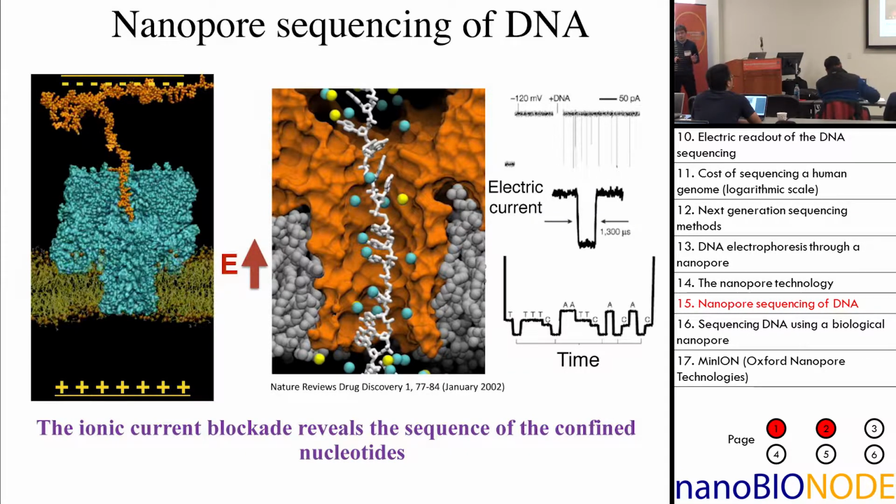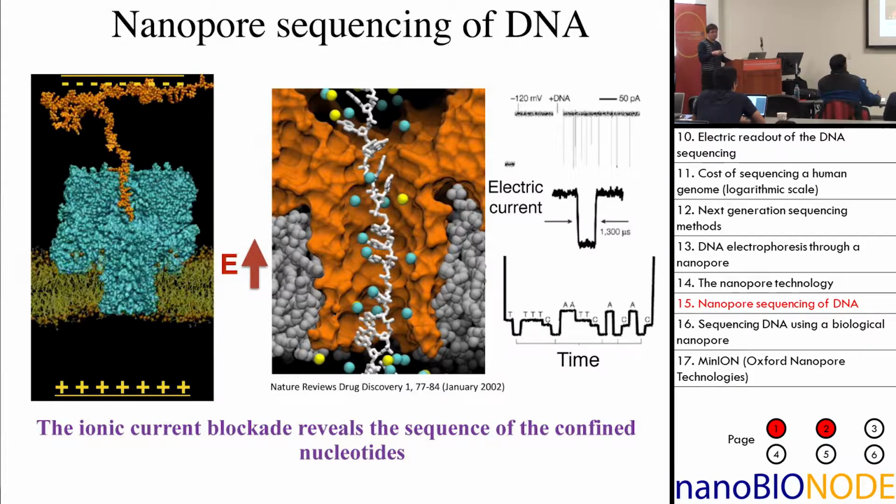From a technological perspective, this is ideal because we know very well how to read currents. We have chips in our computers and our phones that have billions of transistors. So if we can pull this off, then maybe we can sequence the human genome in a massively parallel and cheap way.